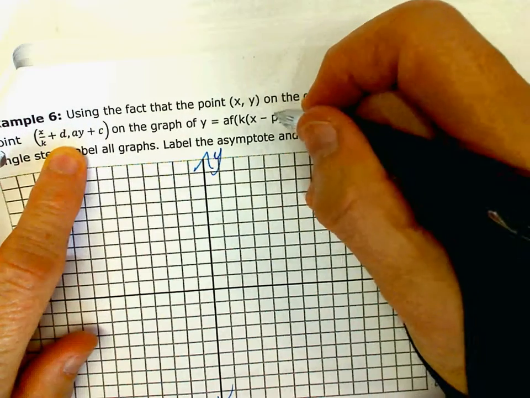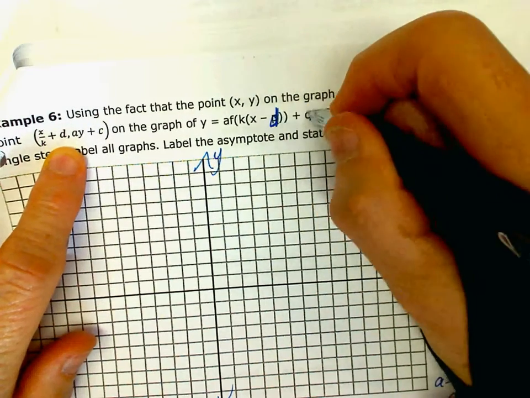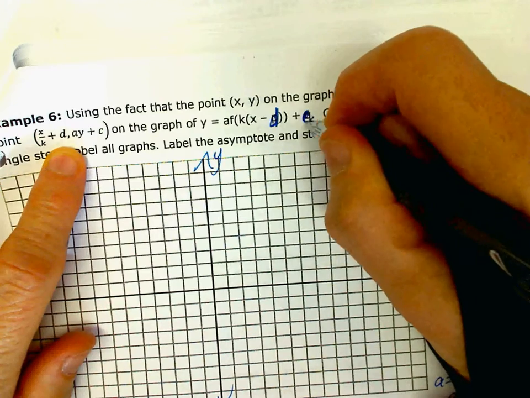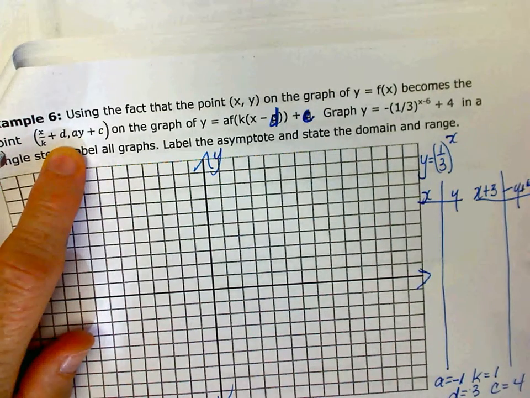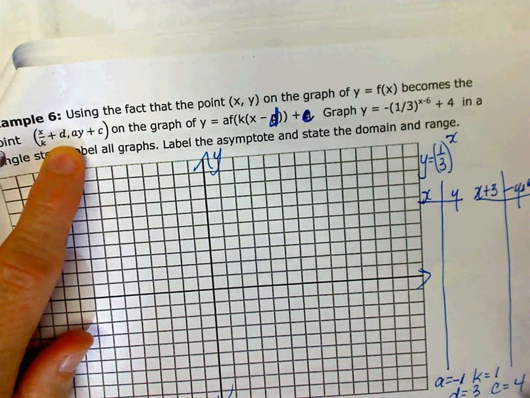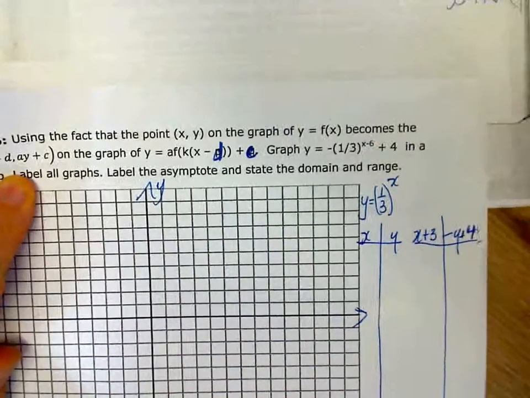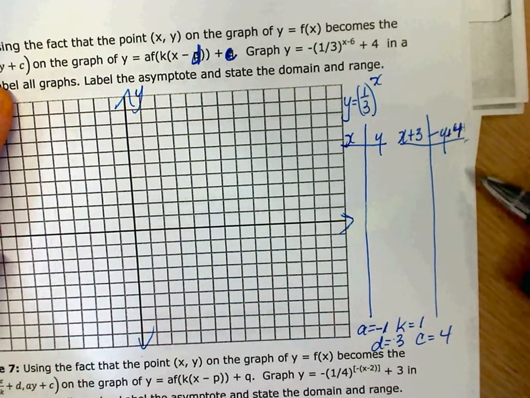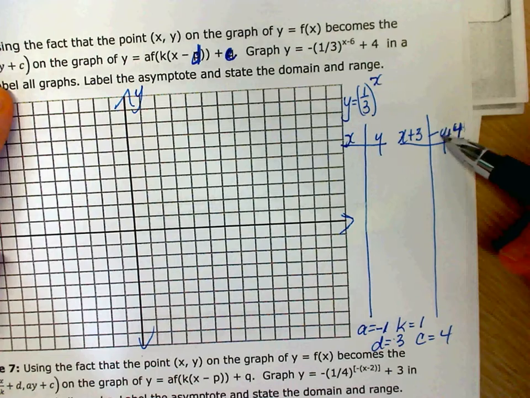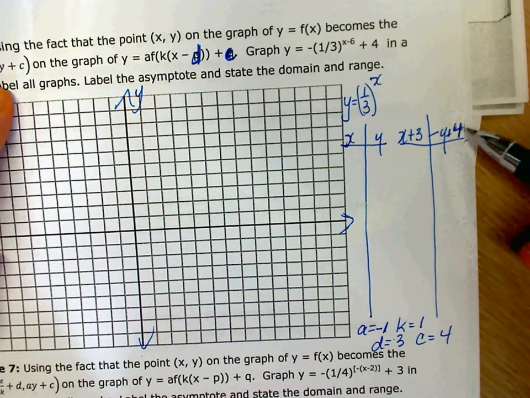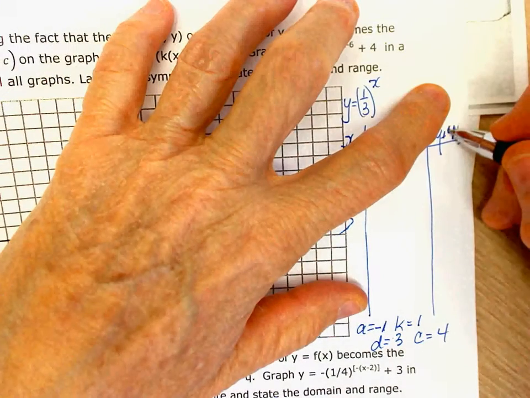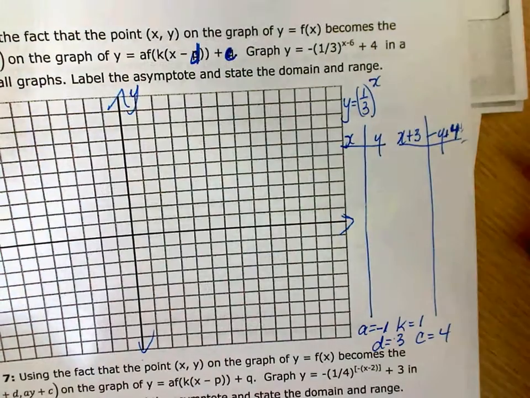This is confusing. This should be d and that should be c. The old textbooks used to use those other letters, but a, so -1 times y plus 4. I'm sorry, this is a little bit messy.